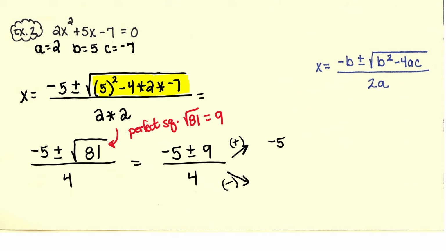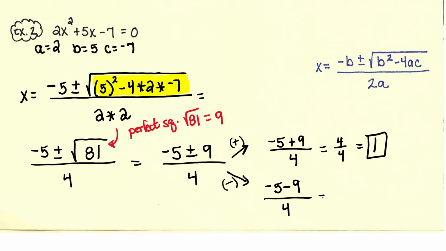So negative 5 plus 9 over 4, which is going to give me 4 over 4 or 1. And then I'll do the subtraction part. I'll say negative 5 minus 9 over 4. And negative 5 minus 9 is going to be negative 14 over 4, which reduces to negative 7 halves. You always want to reduce your fractions.